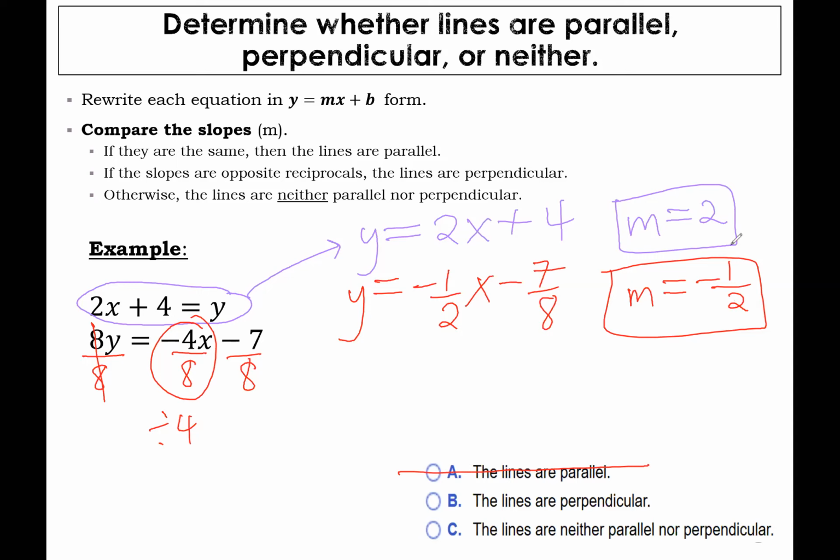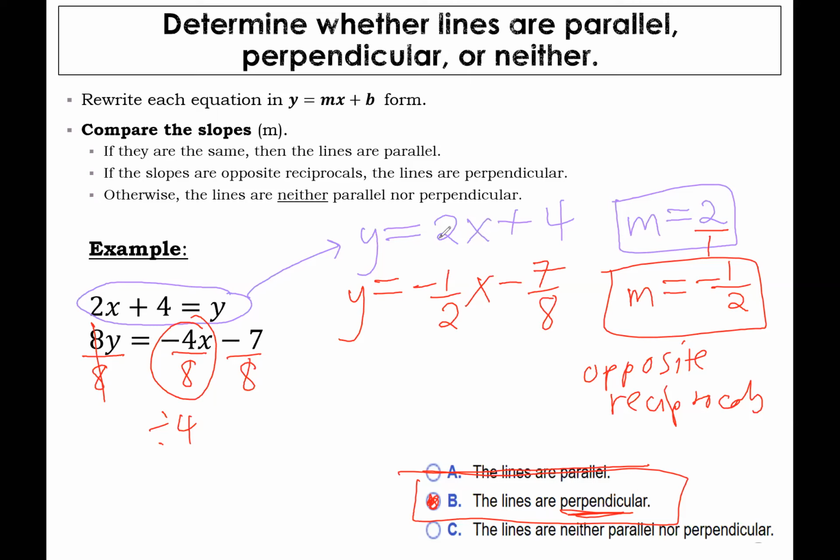They are opposites. They do have opposite signs, one positive, one negative. And if you put the 2 over 1, then you'll see, yes, they are, in fact, not only opposites, but they are opposite reciprocals. So we get to choose choice B. So yes, they are perpendicular because their slopes are opposite reciprocals.